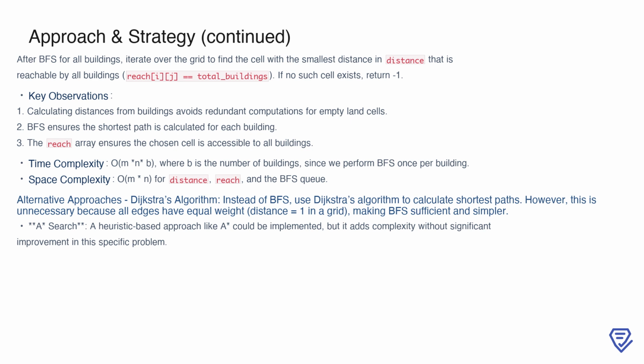The space complexity remains O(m*n), accounting for the distance and reach arrays, as well as the BFS queue. While BFS is sufficient for this grid-based problem, alternative methods like Dijkstra's algorithm or A* search can also be considered. However, these methods add unnecessary complexity without yielding significant benefits, as the grid's uniform edge weights already make BFS the most straightforward and effective choice.